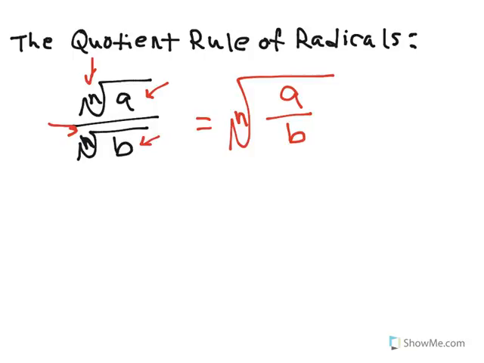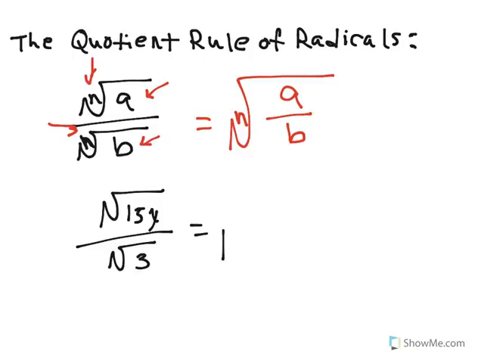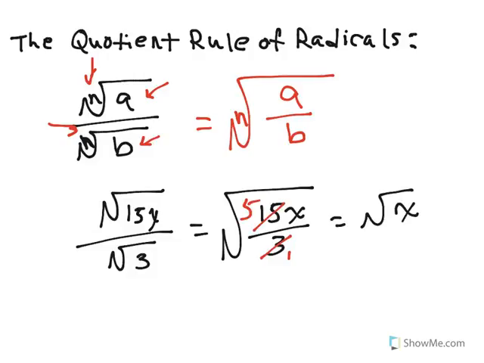For example, the square root of 15x over the square root of 3. They're both the square root, so we can write that as the square root of 15x over 3, and now reduce our fraction. And that gives us the square root of 5x.